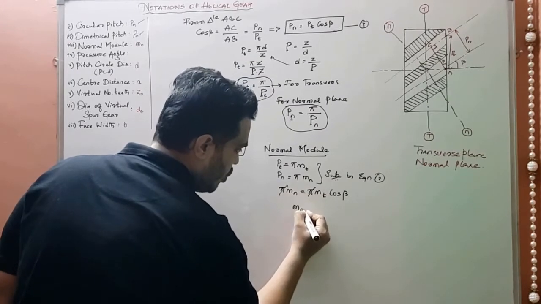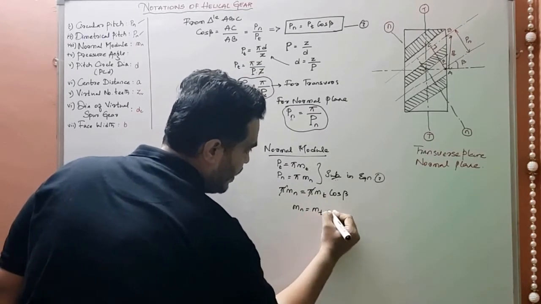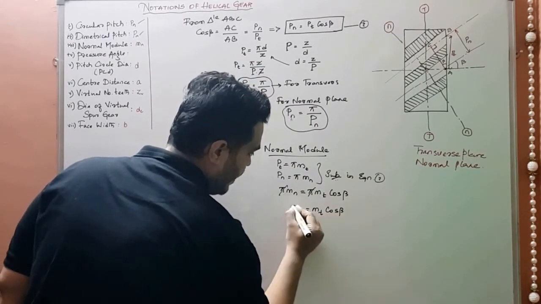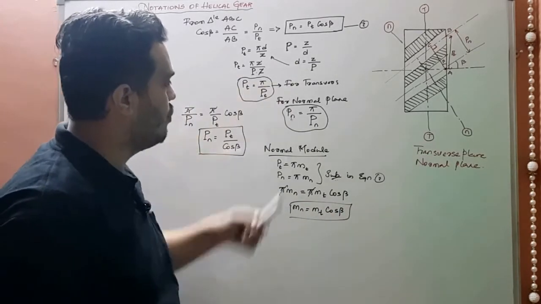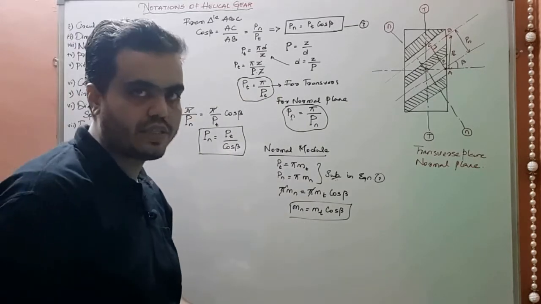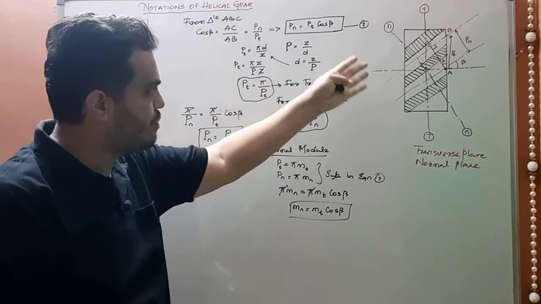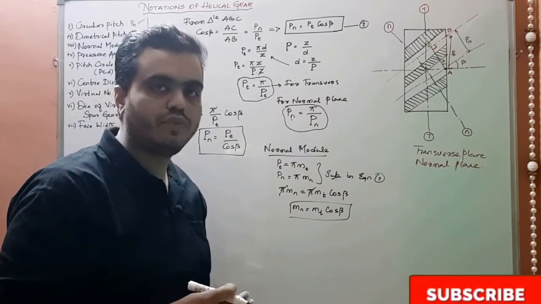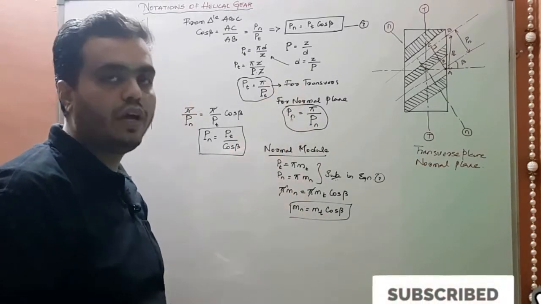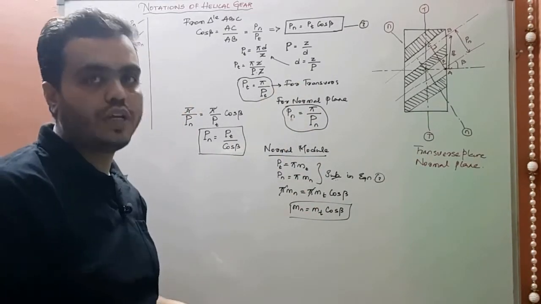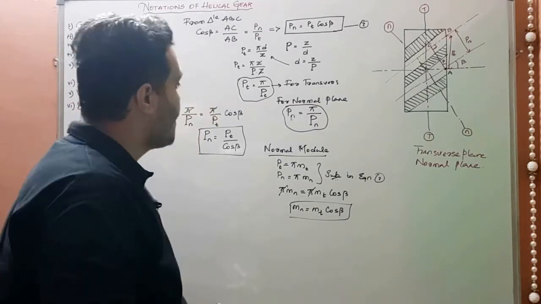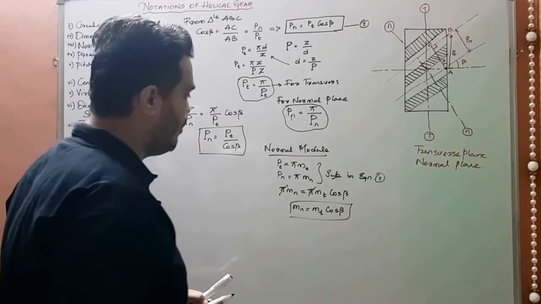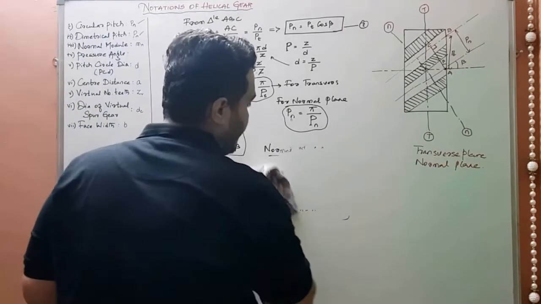You will get the normal module value mn equal to mt cos beta, right? You just keep this in mind. Whatever I have worked out, you will get in the data handbook itself. Okay, so I am trying to explain the basic concepts of helical gear and how we are going to consider those notations to solve design of helical gear problems. So this is how we have to determine these equations.